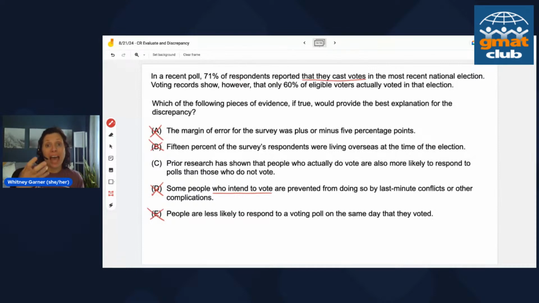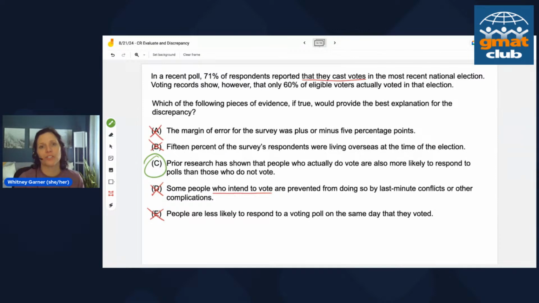And so that group isn't going to look like the full population, because that group is going to look a little bit more like voters, because voters are more likely to respond. So voters will be a larger proportion of my respondents than of the eligible voting population, which would, in fact, explain the difference in these numbers that I'm seeing.